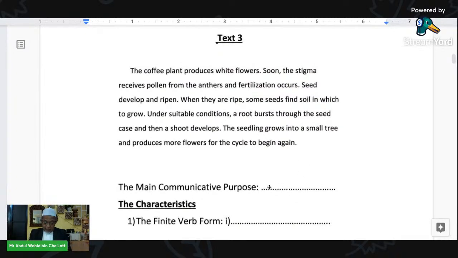Okay, this is indicated by the occurrence of the finite verb produces in line 1, receives and occurs in line 2, develop, ripen and find in line 3, burst in line 4, develops and grows in line 5, and produces in line 6.